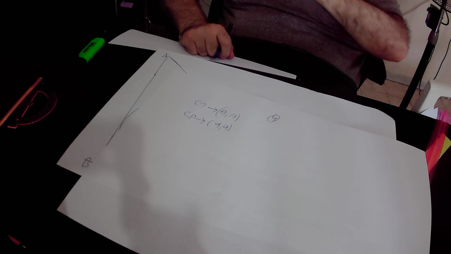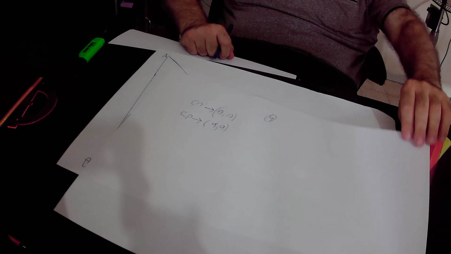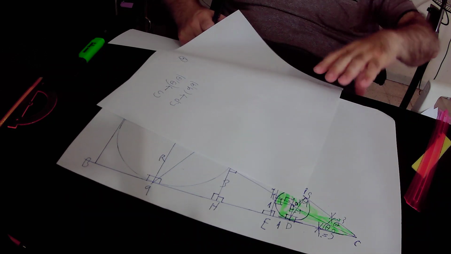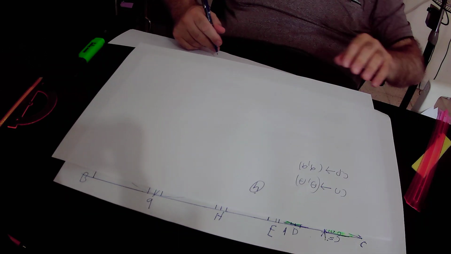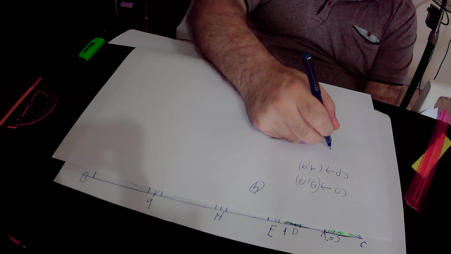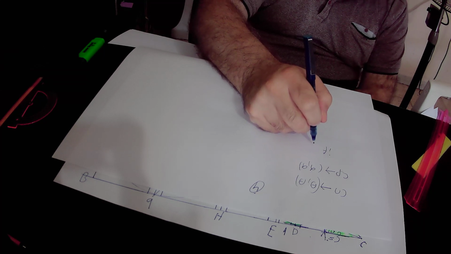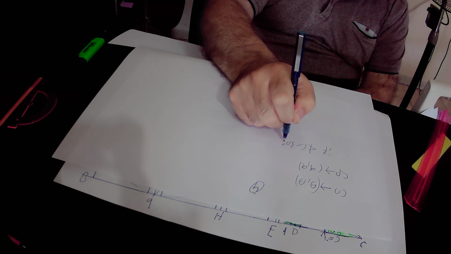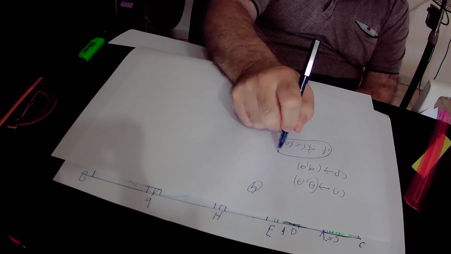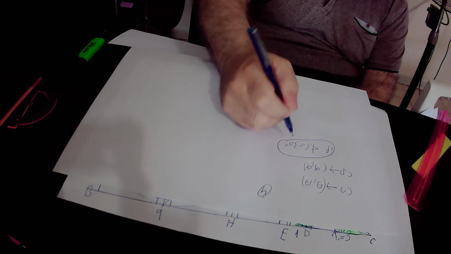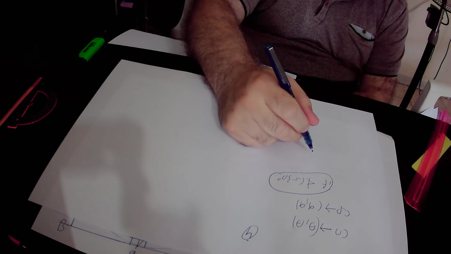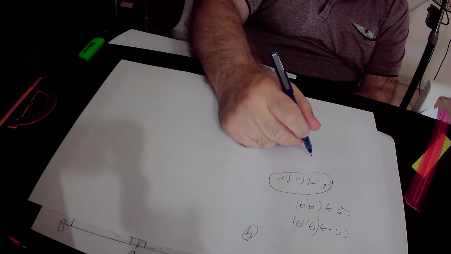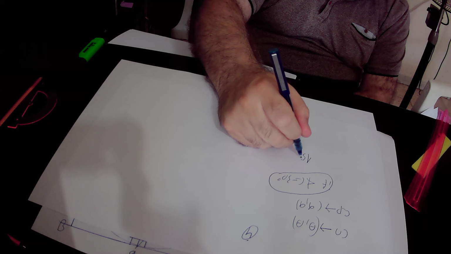And this is impossible. Why is it impossible? For example, if angle C is equal to 30 degrees, any angle bisector of angle C will bisect angle C into two halves that each half equals 15 degrees.